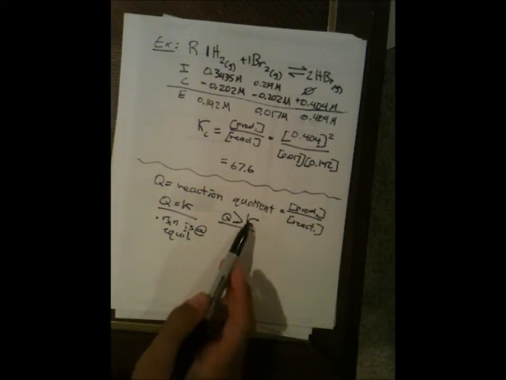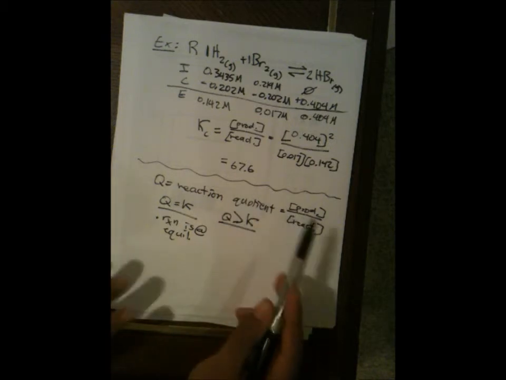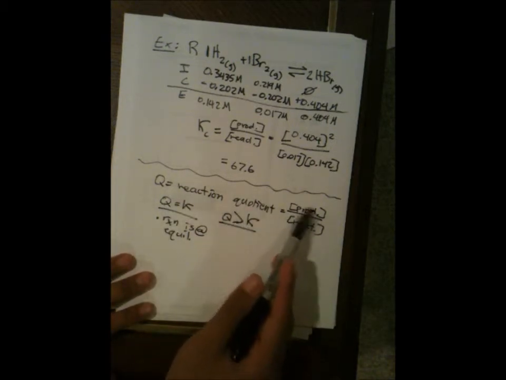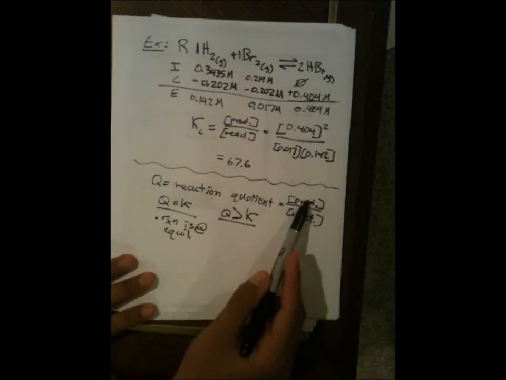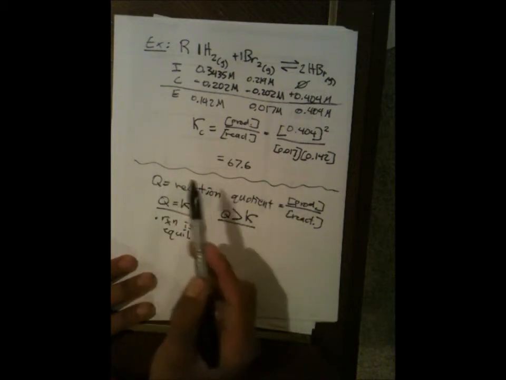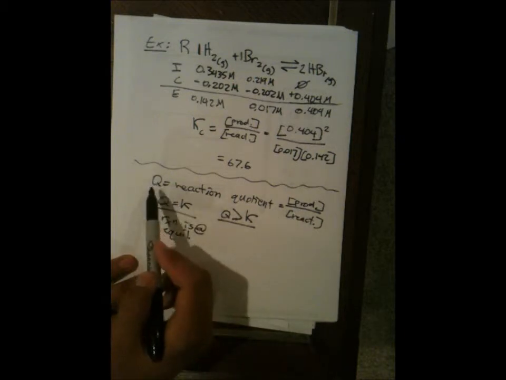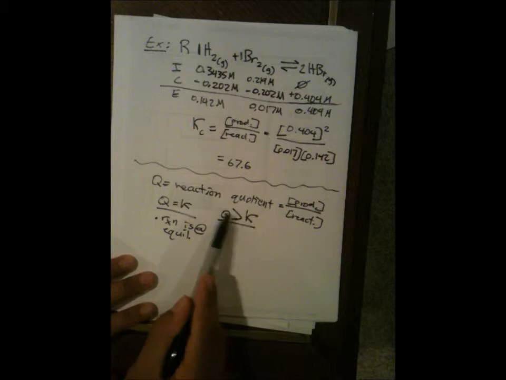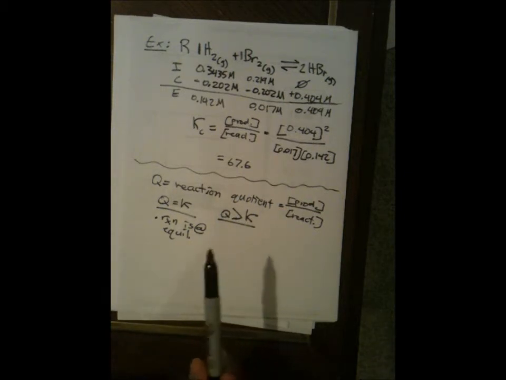Now if Q is greater than K, think about it like this. What is K? K is also products over reactants, and so is Q. So for Q to be bigger, you increase the products because the concentration of products is proportional to Q. So increase the products, decrease the reactants, will increase Q. So if Q is greater than K, there will be more products and less reactants.